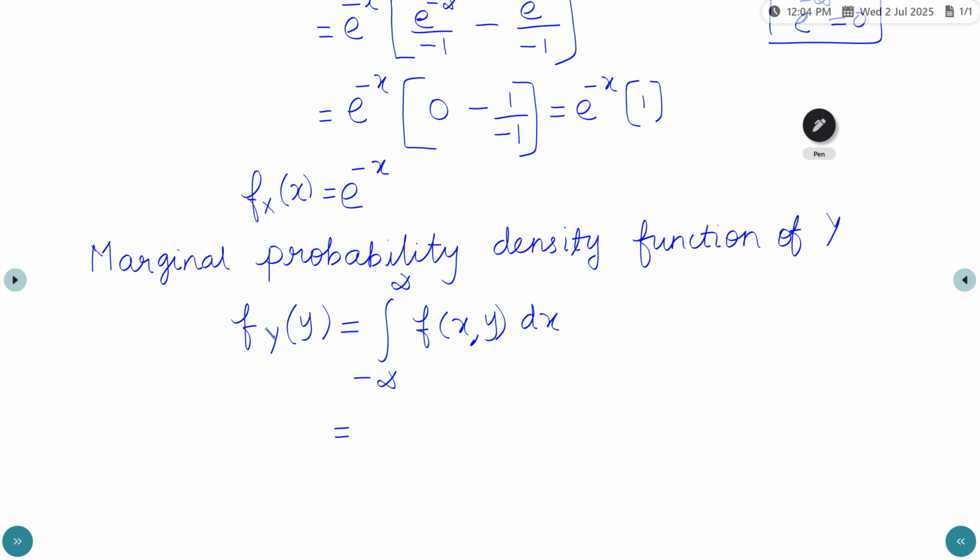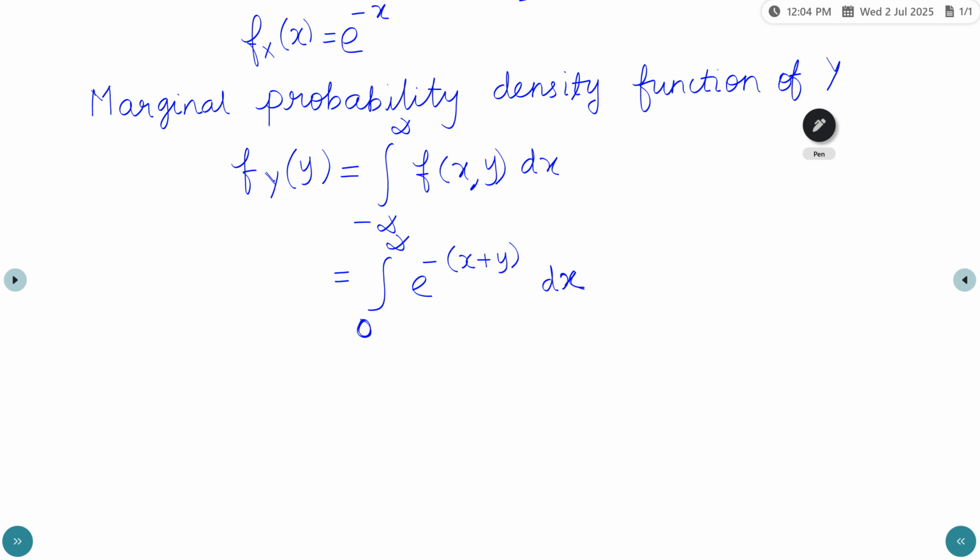So the same method. f of x comma y is given in the problem as e power minus (x plus y), where the interval for x and y is 0 to infinity. For dx we need to substitute the lower and upper limits for x. So here x is 0 to infinity.